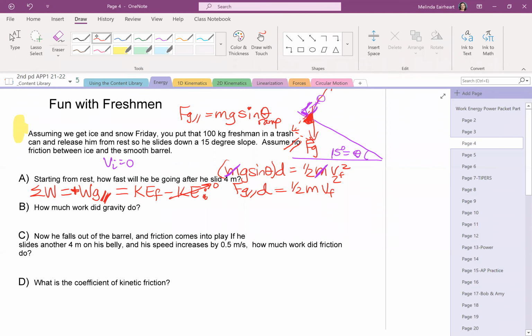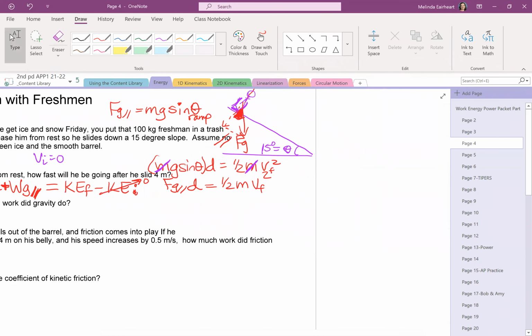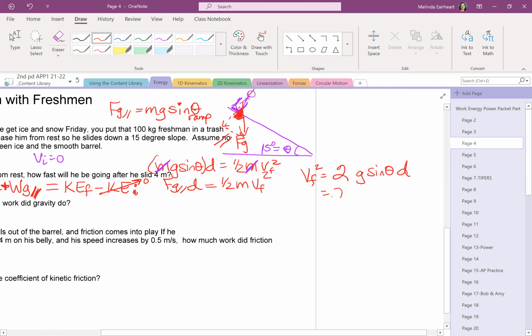And so we're solving for v_f, and so v_f would equal, I'll keep it squared, I'm going to multiply both sides, and then you take the square root. So 2 times 10 times sine 15 degrees times the distance, and it tells us 4 meters in the question.